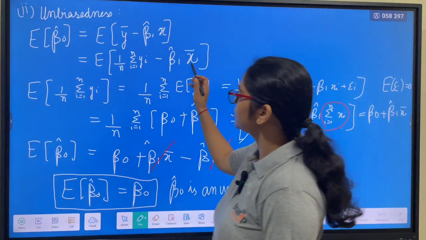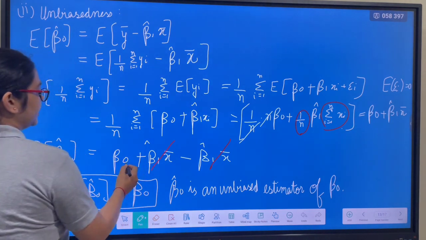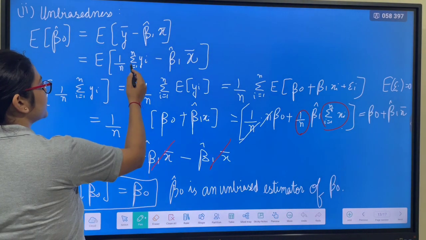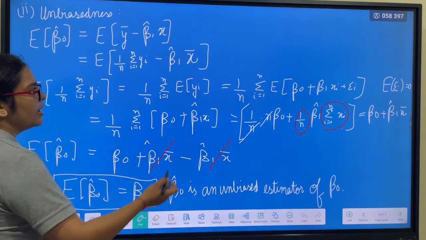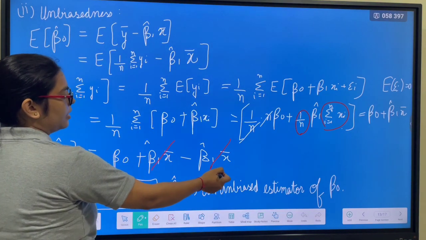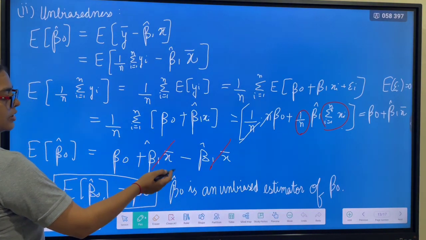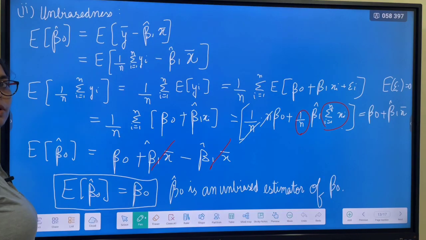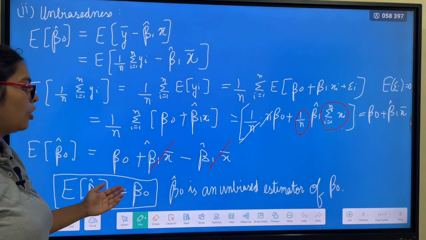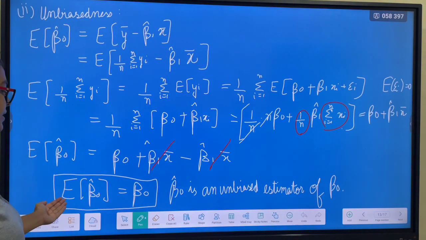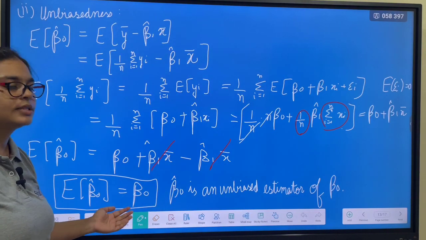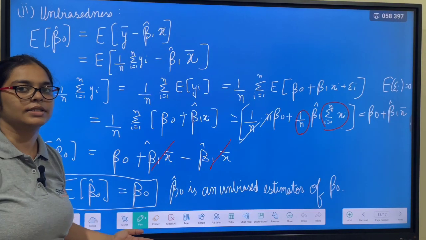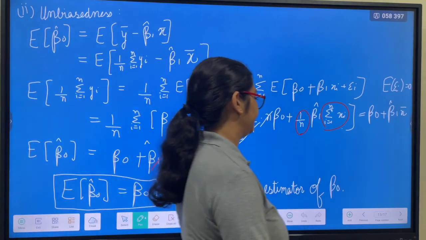Now substituting this value here, we get beta naught plus beta 1 x bar, from which we subtract beta 1 x bar. These two get cancelled because they are equal terms with opposite signs, and hence we get expectation of beta naught cap is equal to beta naught. Hence beta naught cap is an unbiased estimator of beta naught.